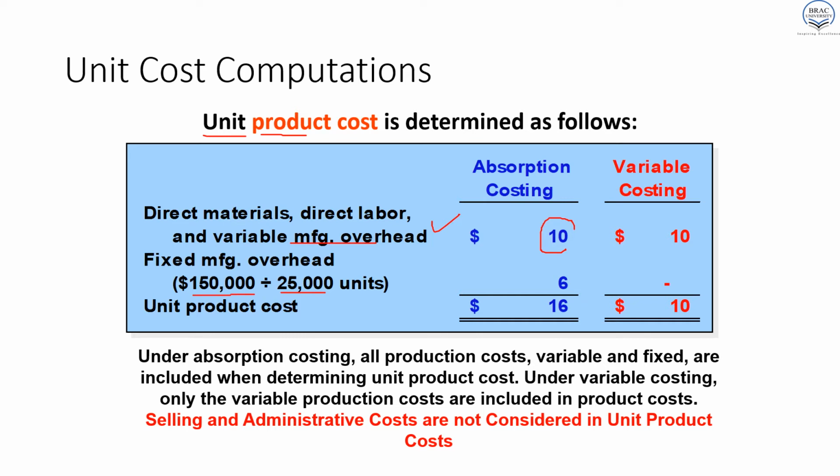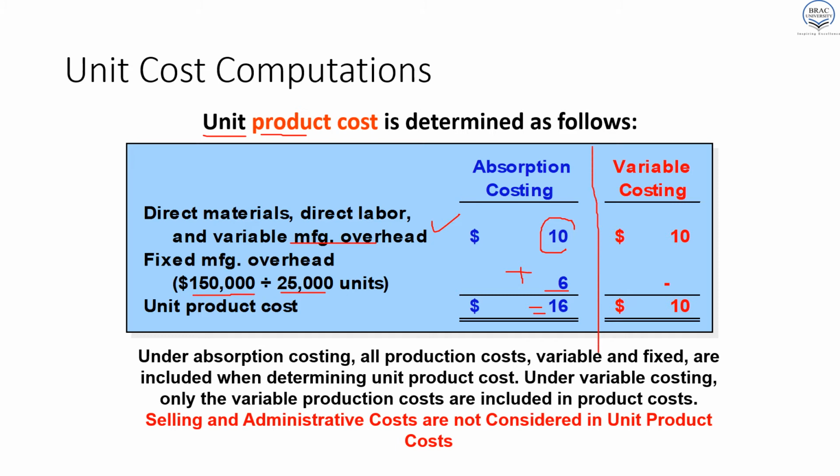That is the fixed manufacturing overhead, the fixed overhead cost in terms of manufacturing, and 25,000 units is my per year production. If I do the division, I get $6. Then of course I add them, and I get $16 in total unit product cost for absorption costing.